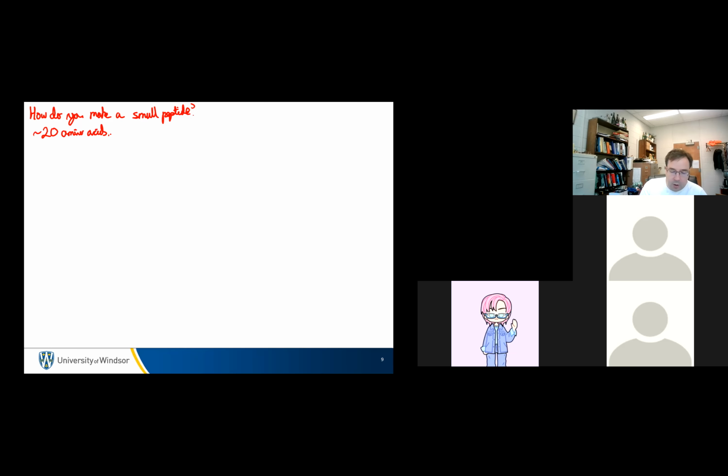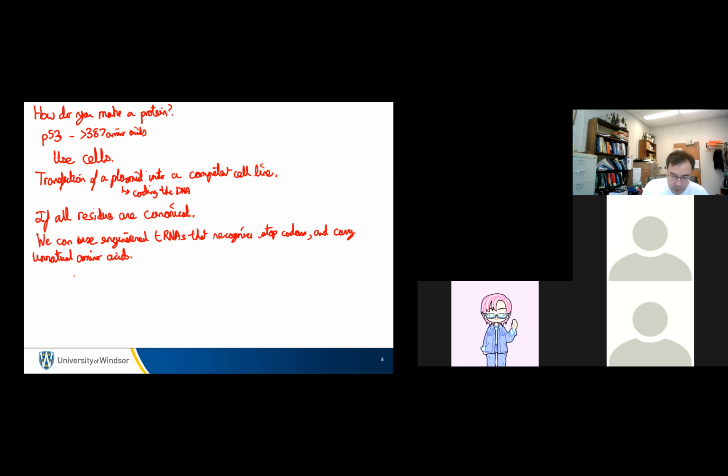So an important part about all this with the protein is you can add a purification tag.